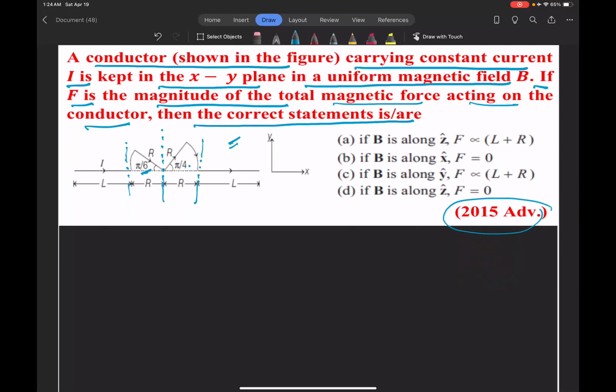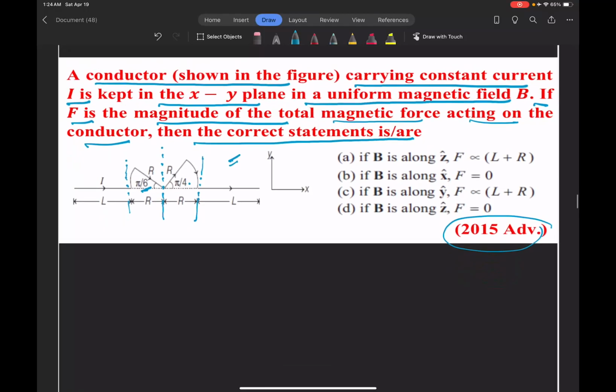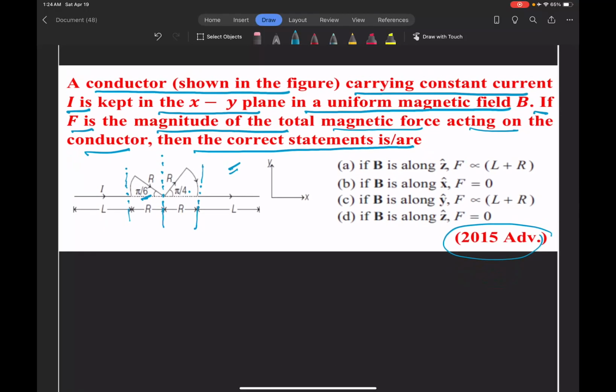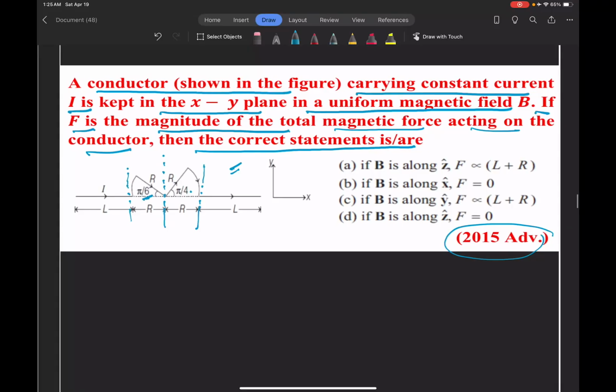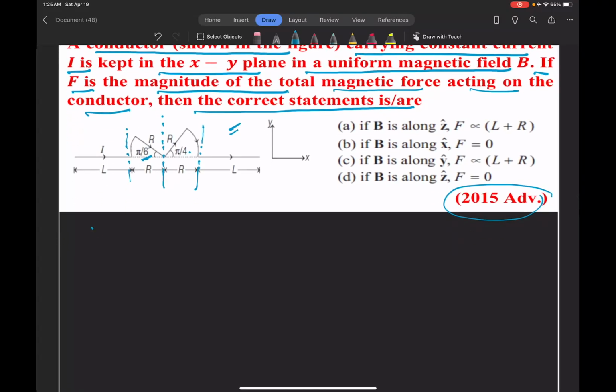So in this case, we are given that if L is the length of the conductor, then the force acting on the conductor is I L cross B. Okay, so we start from there only.